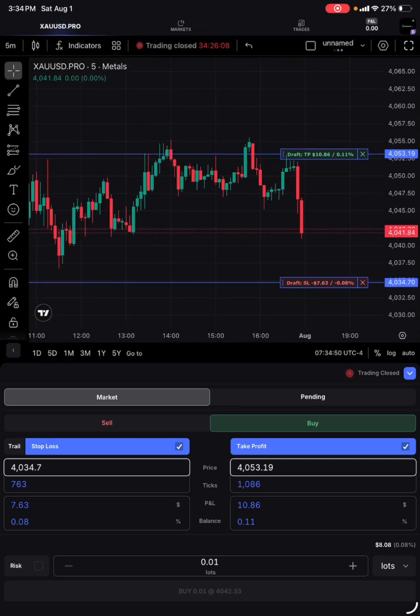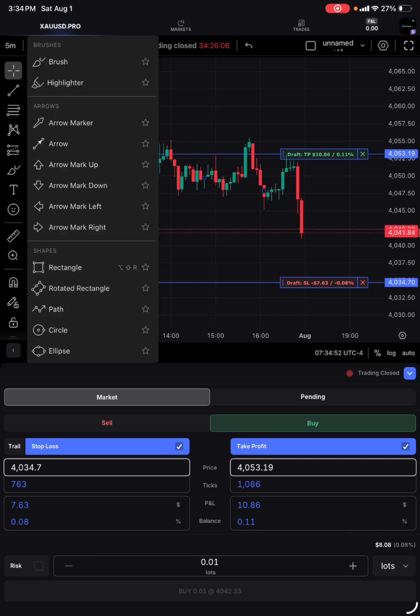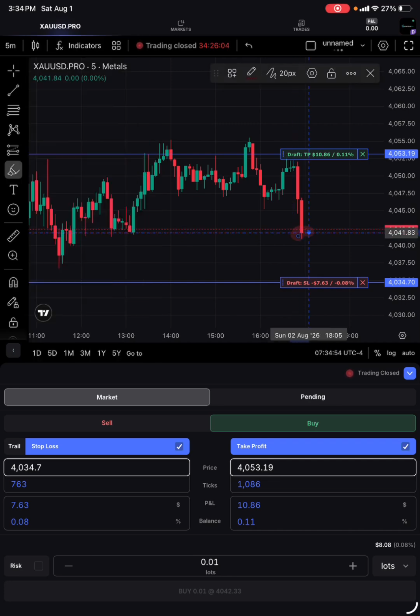This is where price is. So your stop loss is from 40.41 to 40.34, meaning that this area is where you would be considered in drawdown. Everyone can understand that.